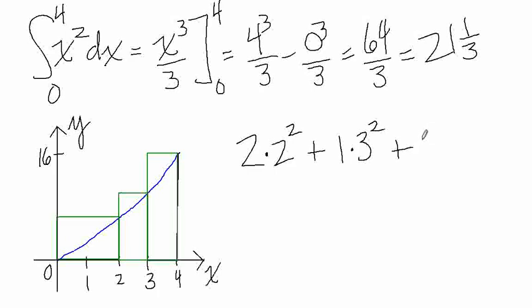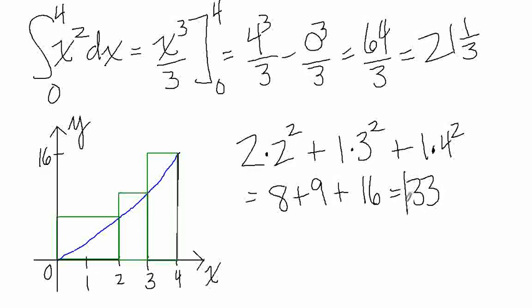And for the last rectangle, 1 times 4 squared. All right, and so that simplifies to 8 plus 9 plus 16, or 25 plus 8, so 33. All right, so it overestimated the correct value.